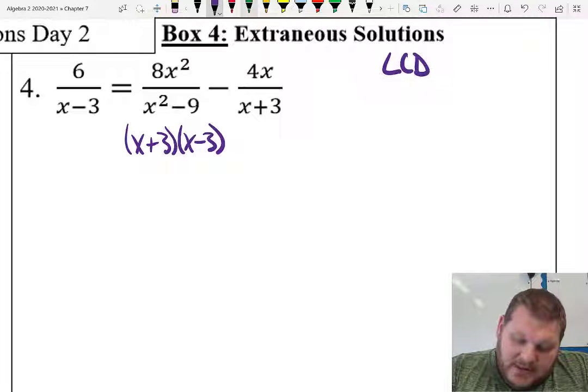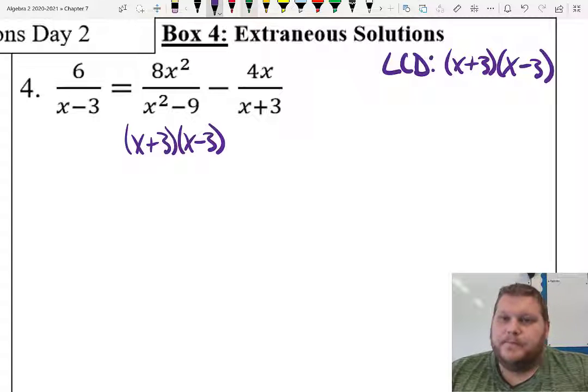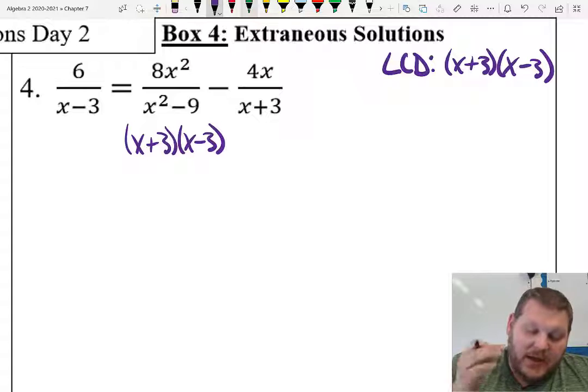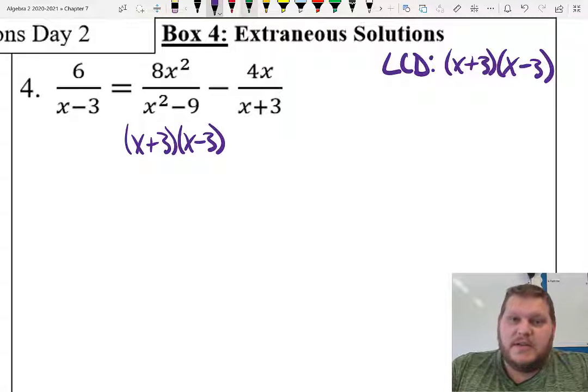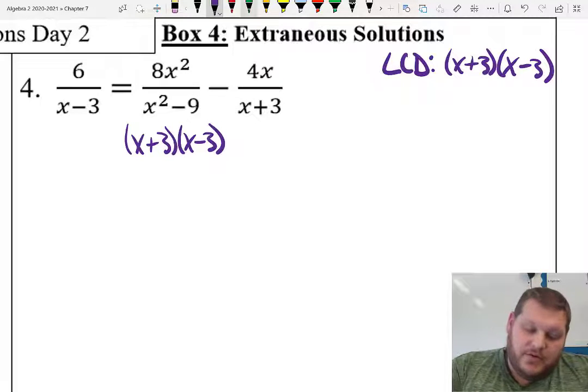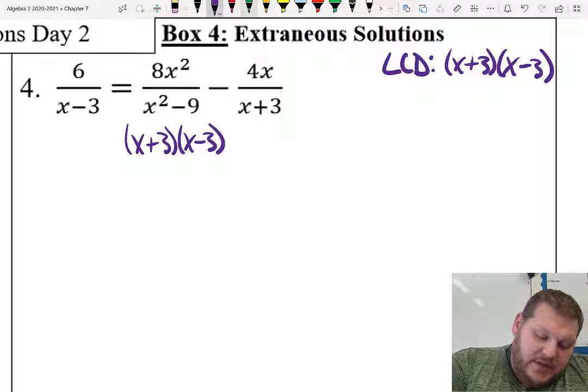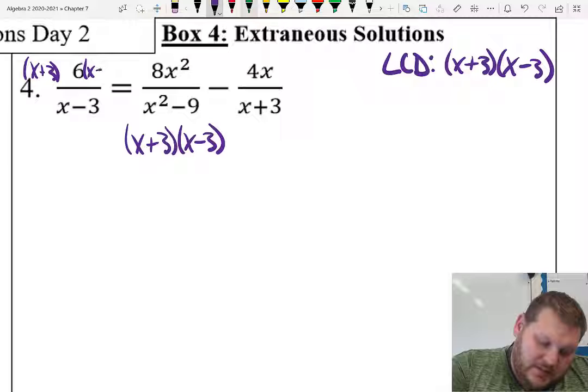So my LCD for this problem is just those two parentheses, x plus 3, x minus 3. So each of my 3 fractions has to get multiplied by both of those two parentheses. So x plus 3, x minus 3, x plus 3, x minus 3.